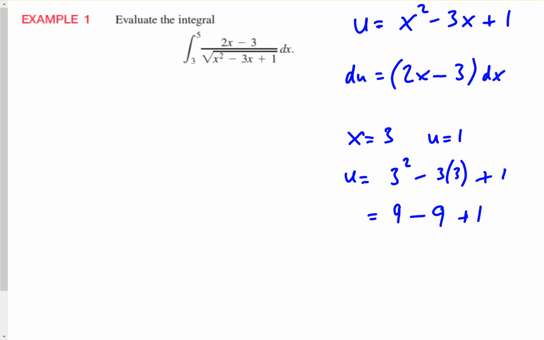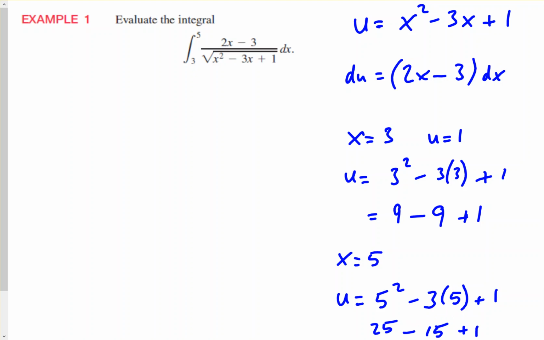Okay, and then when x equals 5, what does u equal? So u would equal 5 squared minus 3 times 5 plus 1. Well, 5 squared is 25 minus 15, that's 10, plus 1 is 11. So u would equal 11.